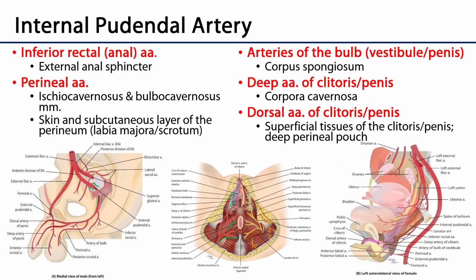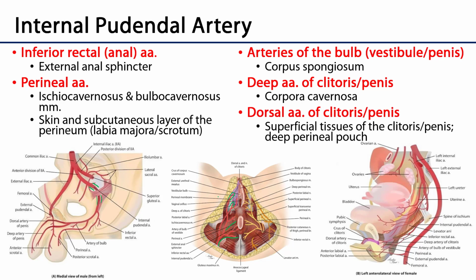There's also a dorsal artery of the clitoris or penis, and that takes a similar tack to the deep artery, except it stays outside of the erectile tissue, and it serves the superficial tissues about either the clitoris or the penis on the dorsal surface of the penis.